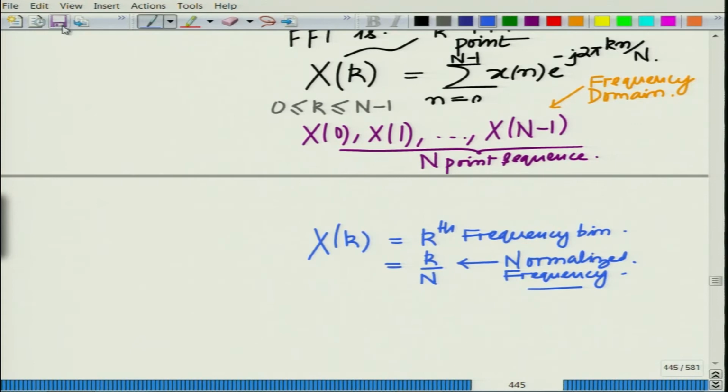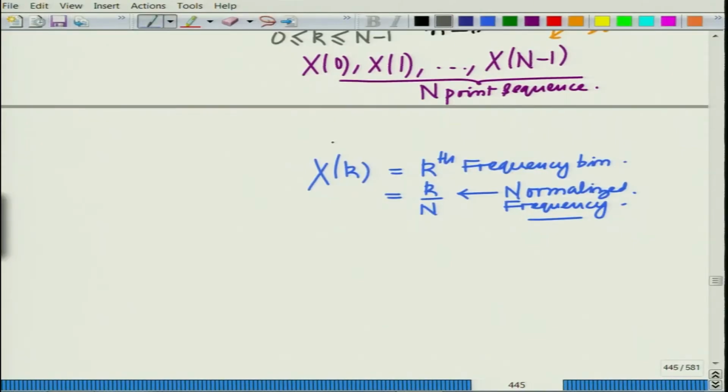So, the kth FFT bin. So, this is essentially the normalized frequency. You can think of frequency bins 0, 1 over N, 2 over N, k over N, up to N minus 1 over N. So, you will essentially have N frequency bins, and this gives essentially the spectrum, right.